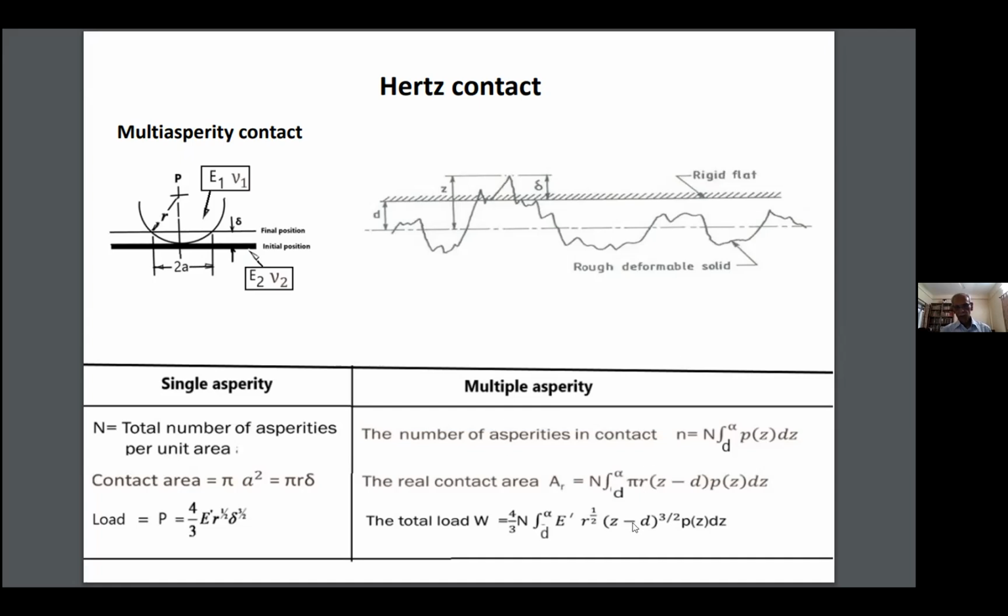And similarly, the load will also be increased. Anyway, for the time being, let us understand that for any given loading condition, this integral will be in terms of D to infinity. So this tells us how to convert the parameters like number of asperities in contact, real contact area, and total load from single asperity to multi-asperity.